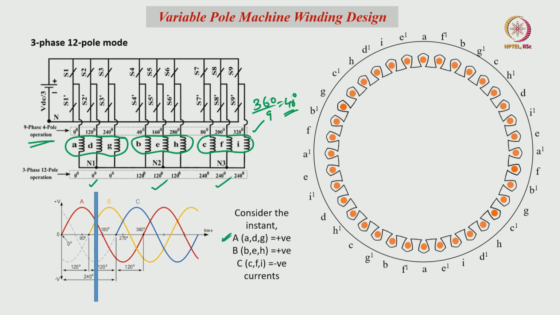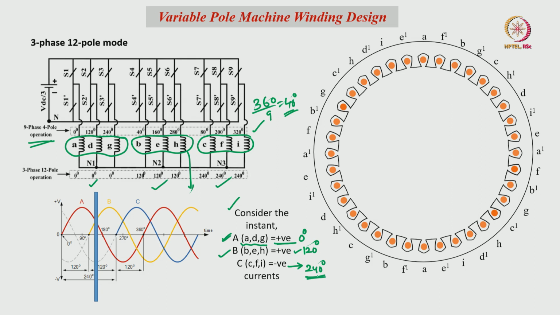Let us consider an instant where A phase, D phase and G phase coils are getting positive current and electrically in phase at 0 degree, and capital B resultant phase, which is a combination of B, E, H, these 3 coils are getting 120 degree displaced excitation, and C, F, I, these 3 phases are getting 240 degree displaced currents.